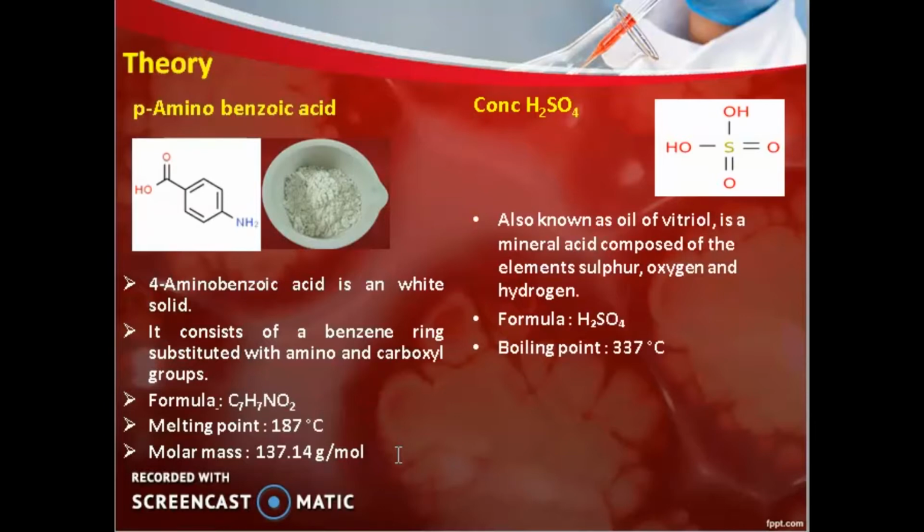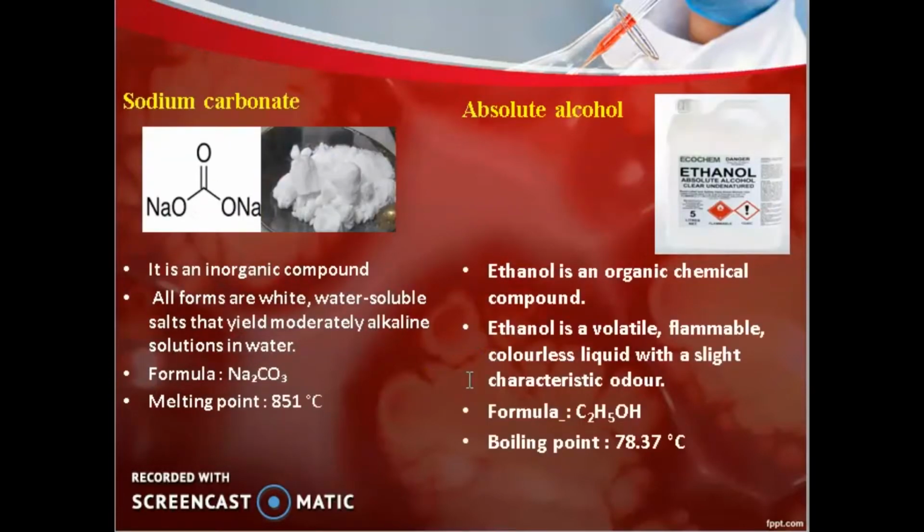Next is concentrated H2SO4. It is also known as oil of vitriol. It is a mineral acid composed of the elements sulfur, oxygen and hydrogen. The formula is H2SO4 and the boiling point is 337 degrees Celsius. Next is sodium carbonate.